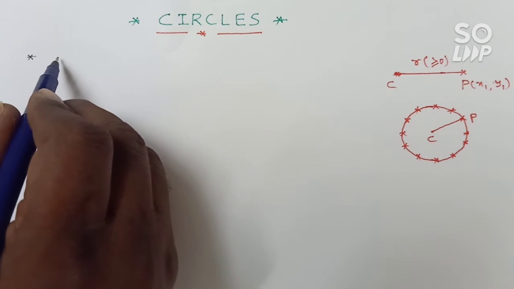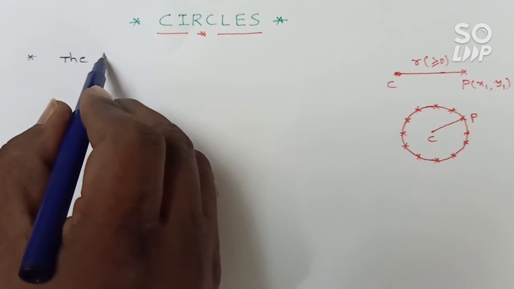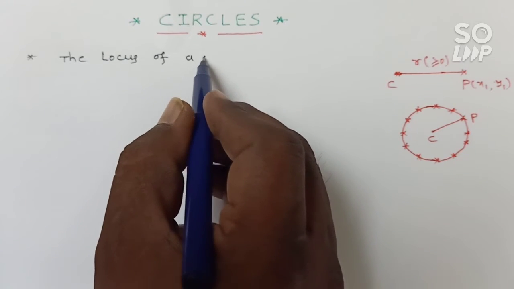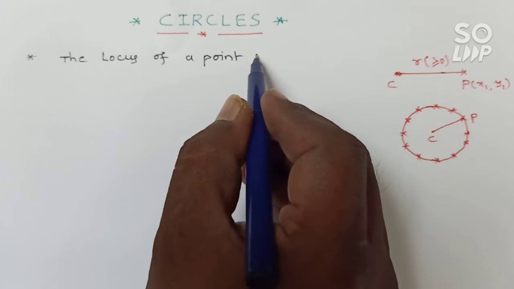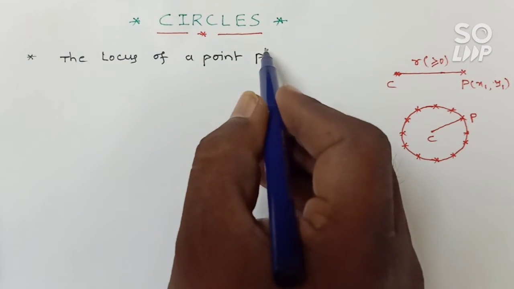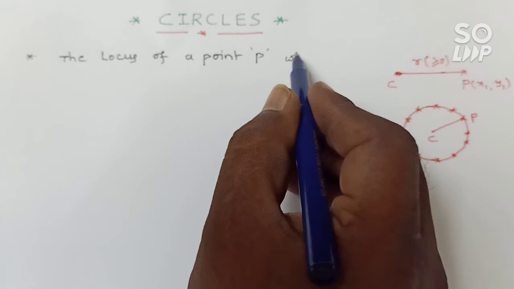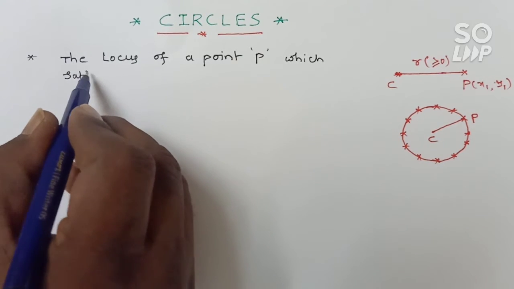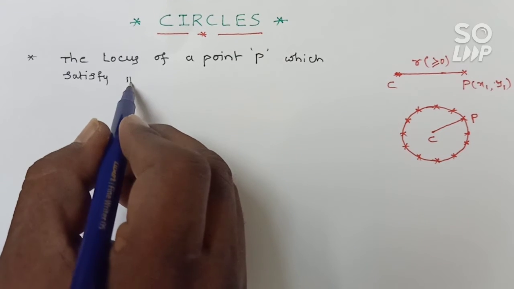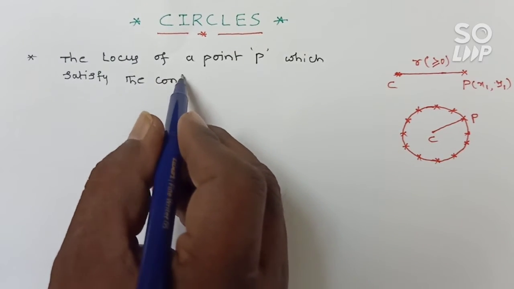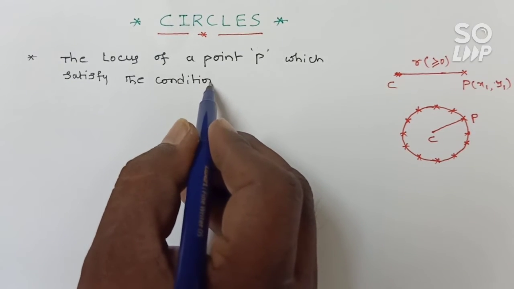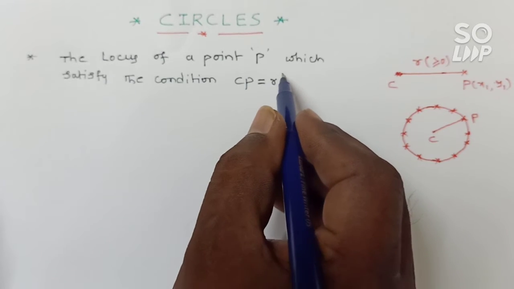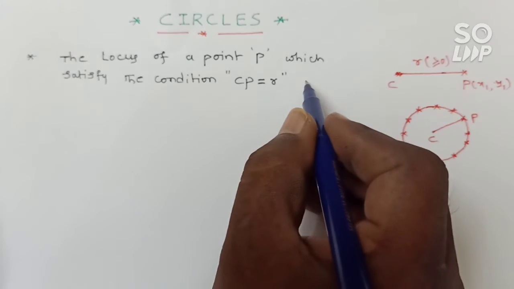The locus of a point P which satisfies the condition CP equals r is called a circle.